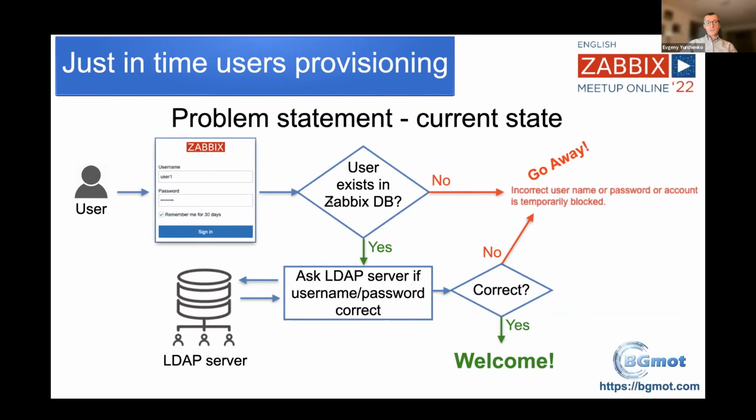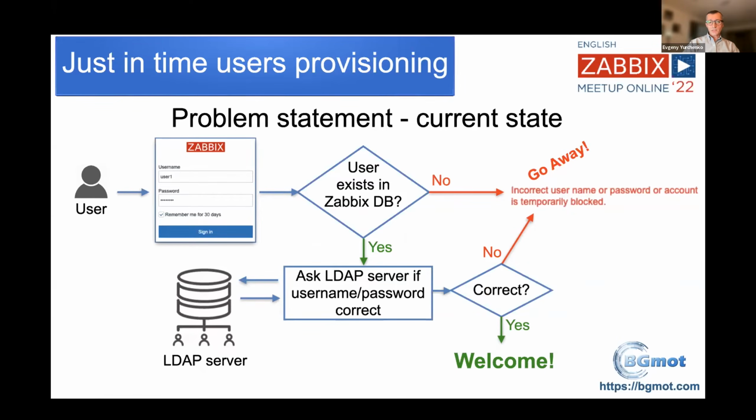If this username exists, Zabbix talks to the LDAP server and verifies whether the user provided the correct password for this username. If it's not correct, again, go away. If correct, you are logged in, feel free to browse the web UI and do whatever you want, according to your permissions, of course.